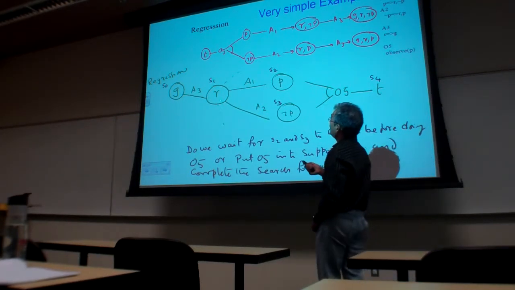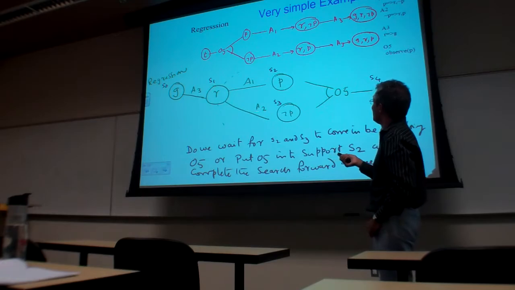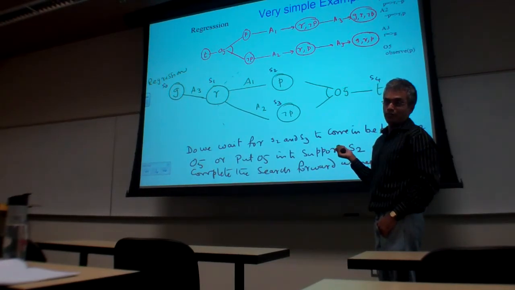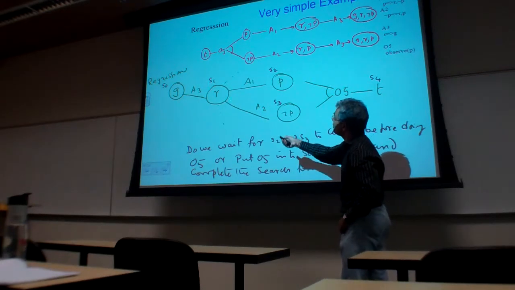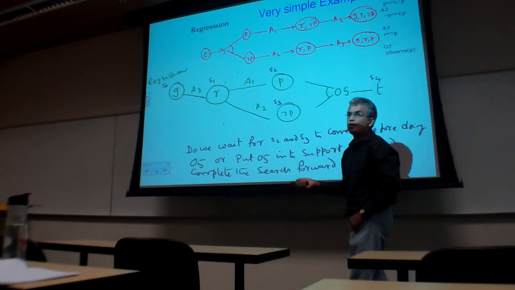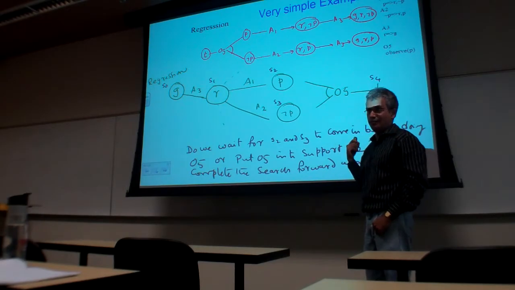And then A2 will also give me R and requires not P before. The problem is you have to try both of these, because you don't actually know the value of P here, since you're regressing anyway.